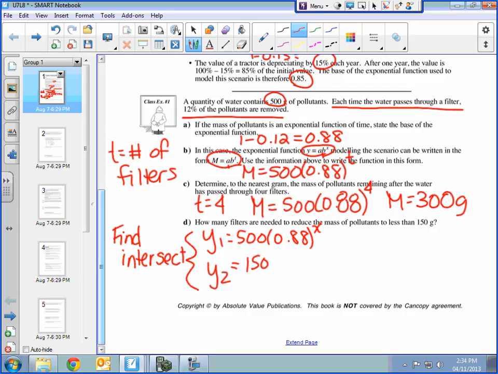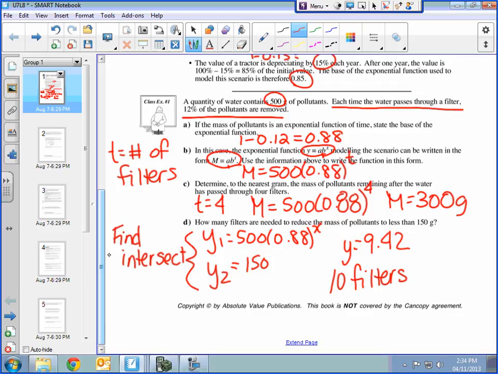What did you get? So can I have 0.42 filters? No. So how many filters should I? Yeah. 9. So 10 filters are needed. Nope. So if it's like whole objects, if it's like filters, number of houses, number of people, number of years, you always round up, okay?